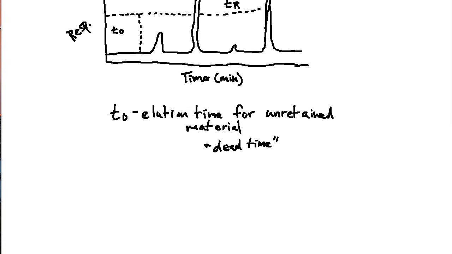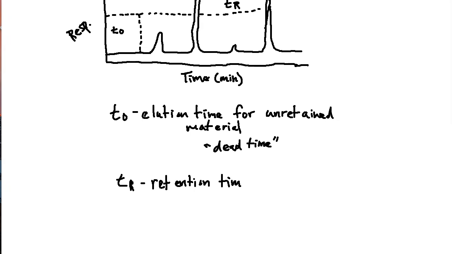All right. Now, when we start talking about things like resolution and the distance between peaks, it's going to be important to understand both of these because both of these components are used in calculating how to improve things like resolution. Okay, but retention time.